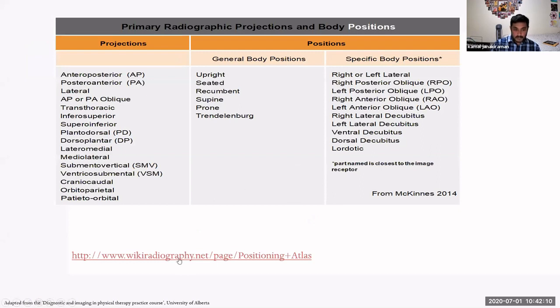Now I'm going to show you some of the projections. This website will give you the radiography for all the body sites. For example, let us take the knee.